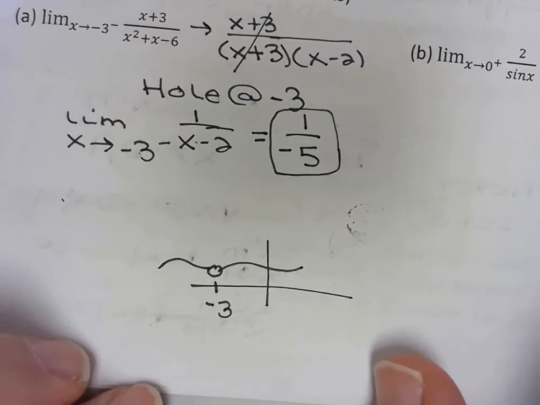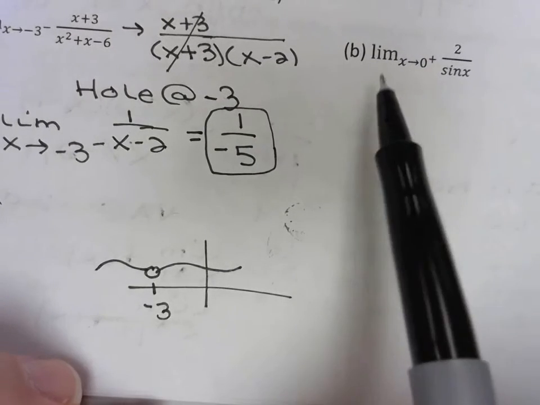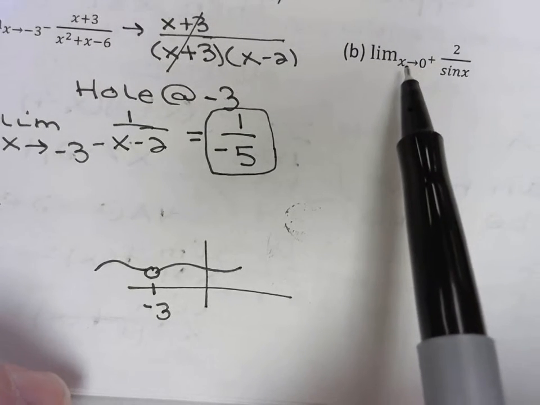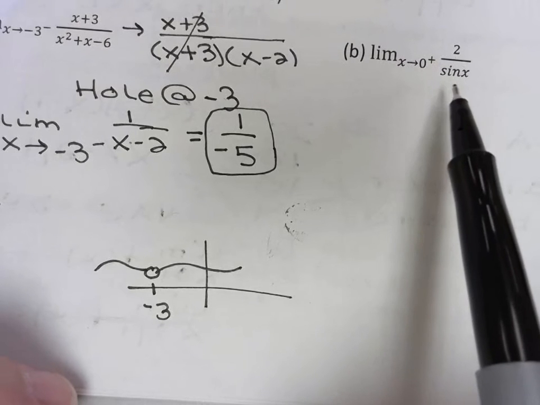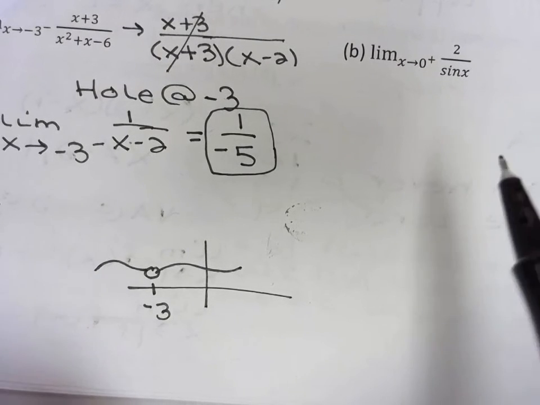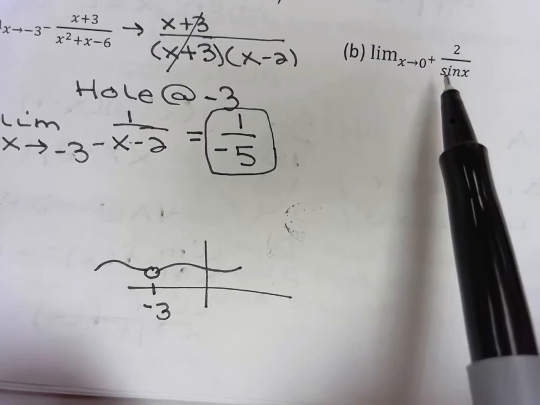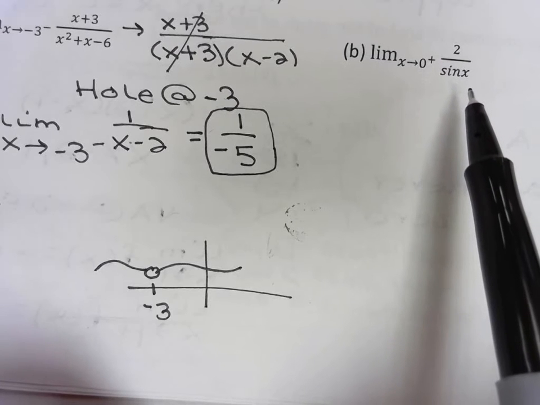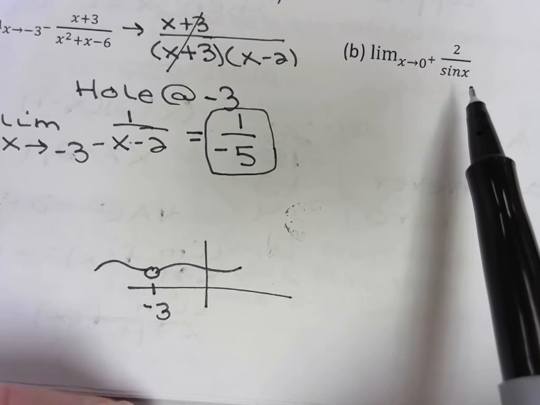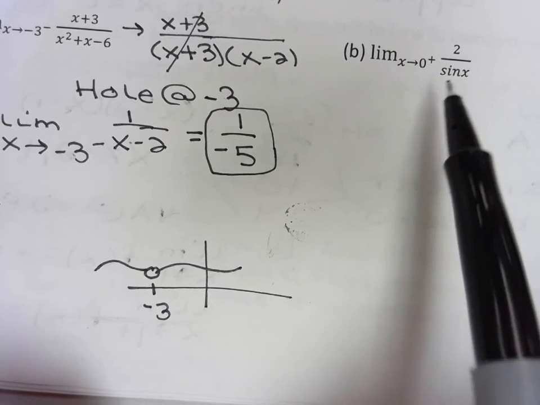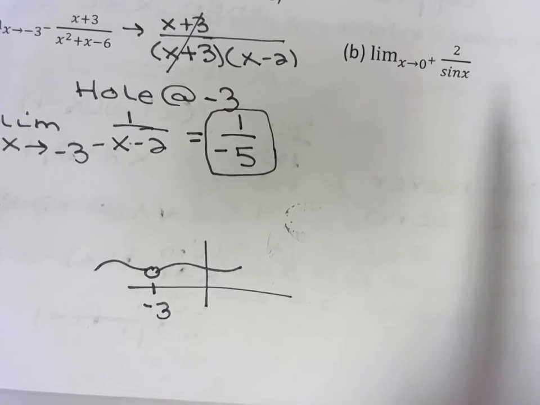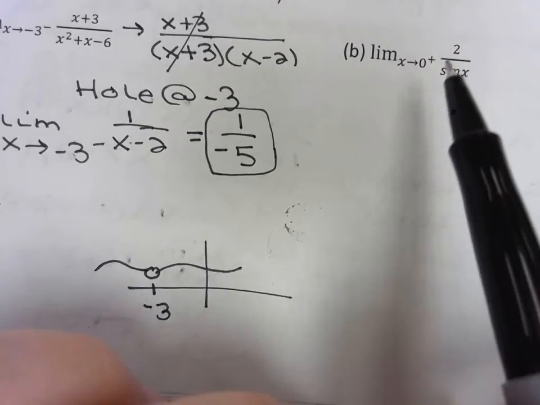Okay, let's go ahead and look at B real quick. I want to know the limit as x approaches 0 from the right of 2 over sine x. So as I look at this, my first thought is if I try to plug in 0, what is sine of 0? 0. So I can't just plug in 0 because I'll get a 0 in the denominator. So let's just kind of think about this.